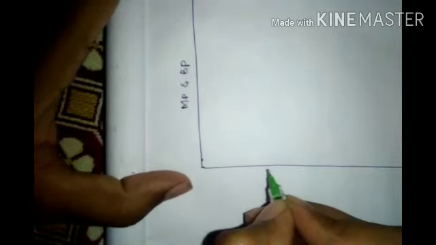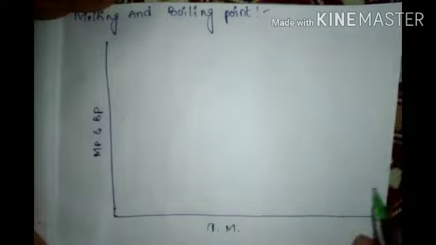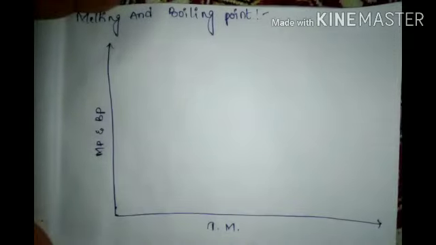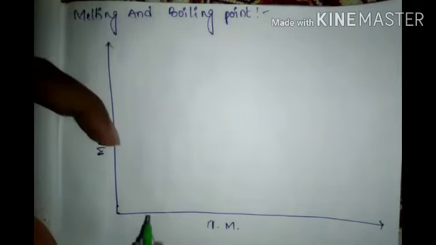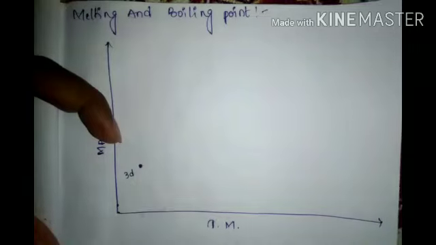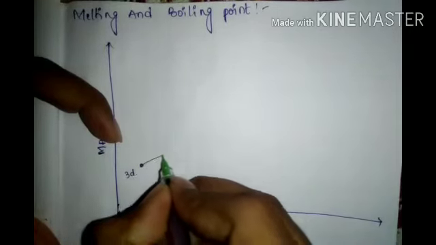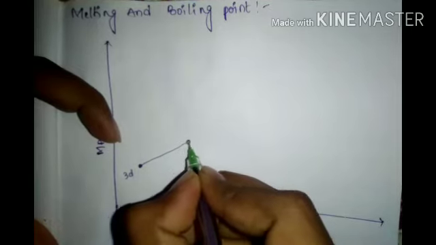Now take transition metals. This is the graph. Now let's discuss. First, we will go from the first transition series. First transition series means what? 3D.